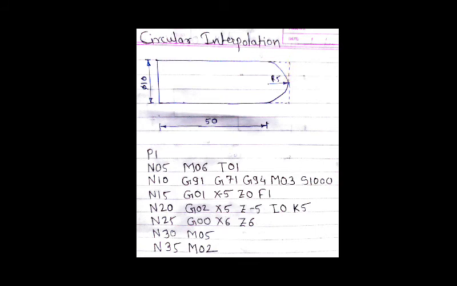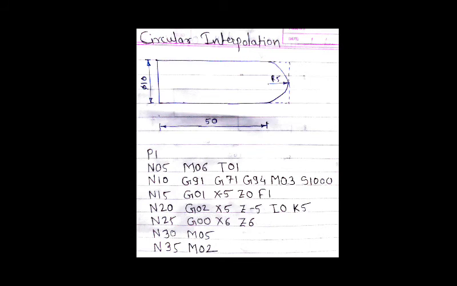So here we use the incremental programming system, and by using that we perform the facing operation, that is X-5 Z0 F1 mm.